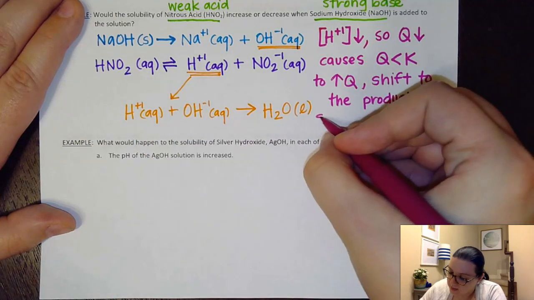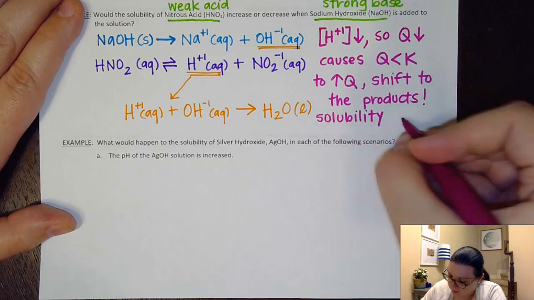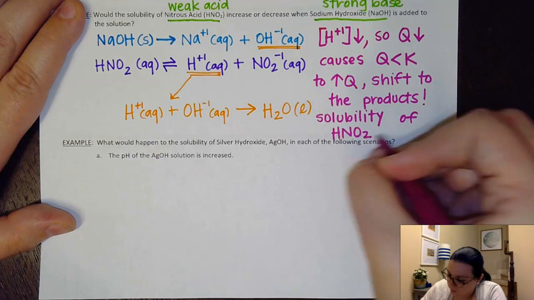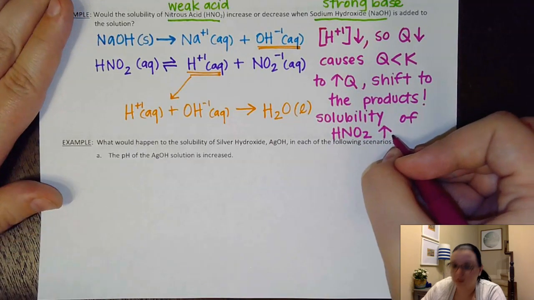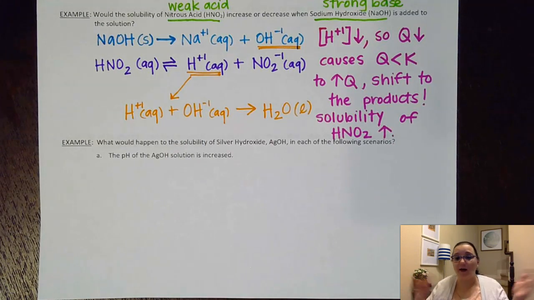So what that means is that the solubility of the HNO2 will increase constantly until either the hydrogen or the hydroxide runs out. One of them is going to run out, and then at some point it'll reach equilibrium again, but it's going to continually fight to get to that equilibrium until something runs out.